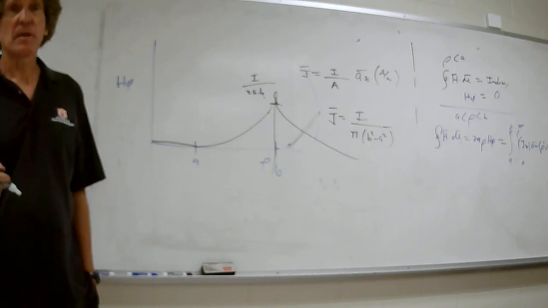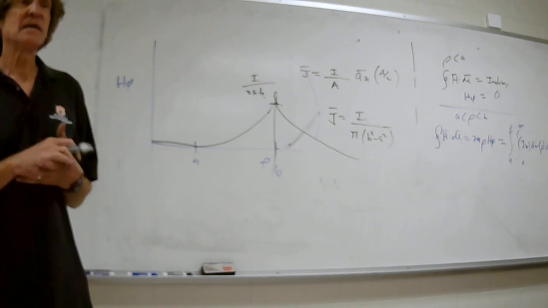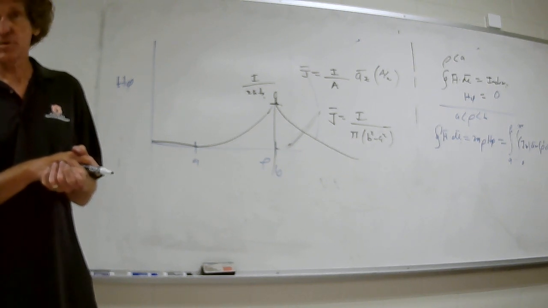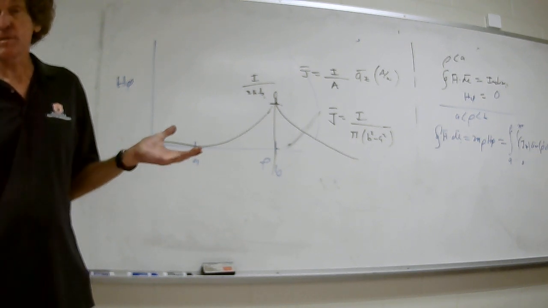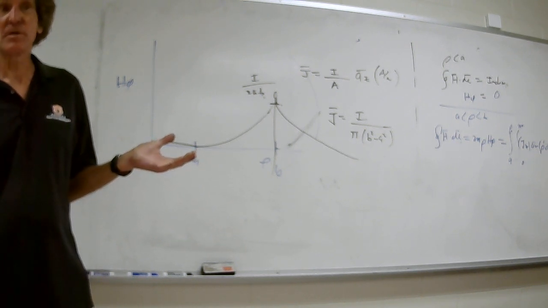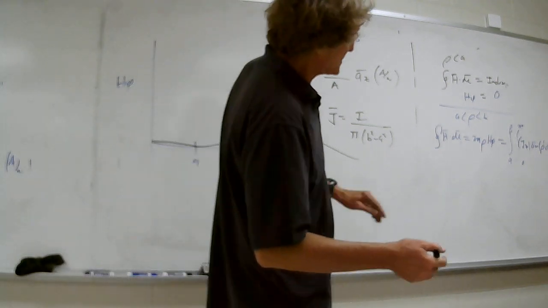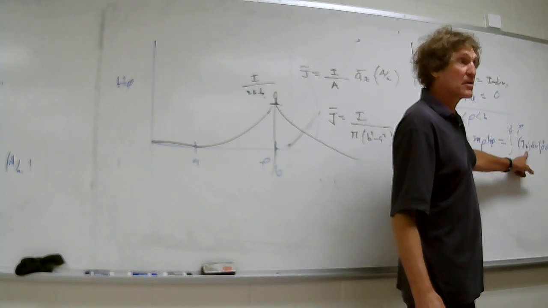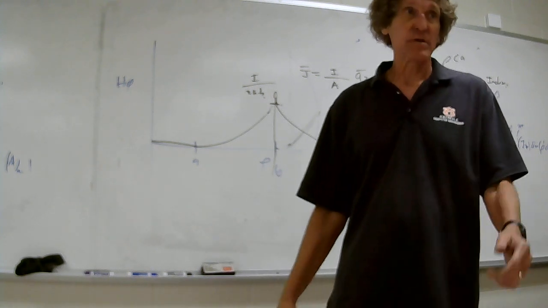Now, as you're getting to know me, suppose I give you a current density and I ask you to plot out the H field between. What you would have to do is this integral here. Jz may not be a constant, so you're going to have to do that integral as a function of radial distance.